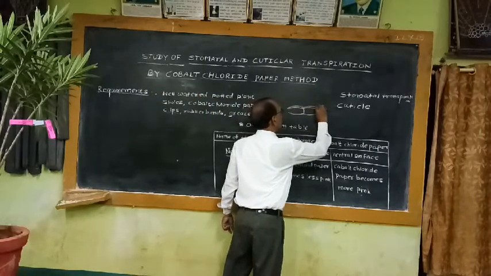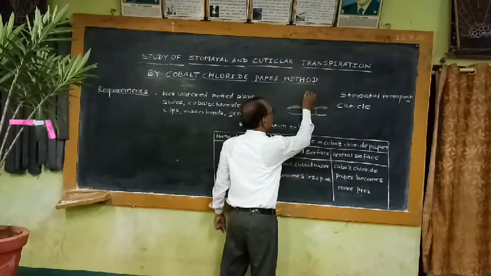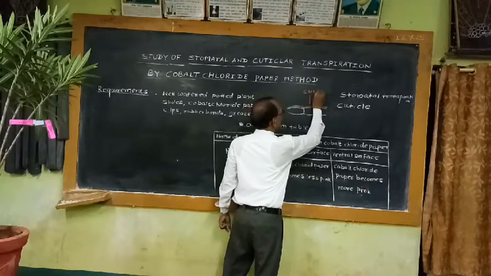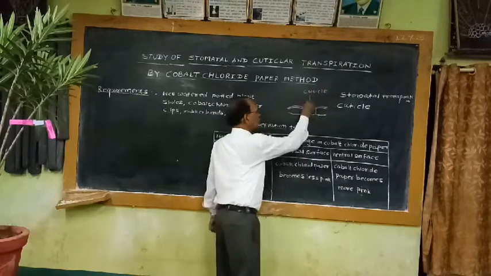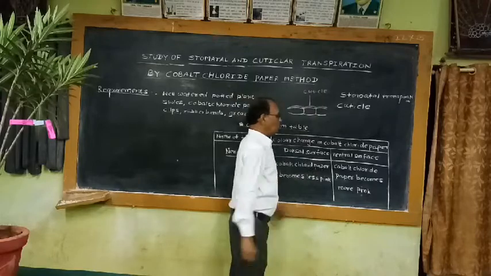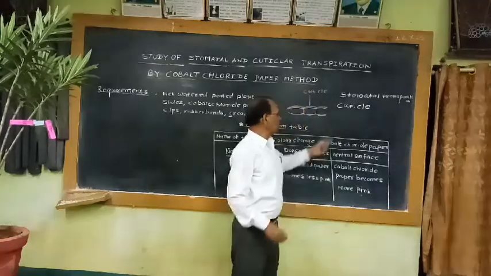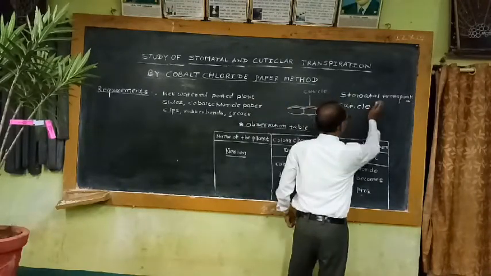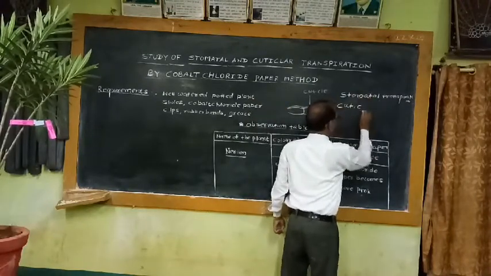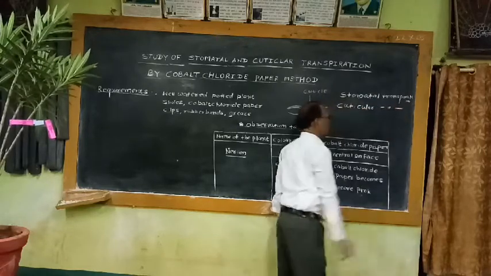This cuticle layer also takes part in the process of transpiration. So removal of water in the form of vapors through this cuticle is known as cuticular transpiration.